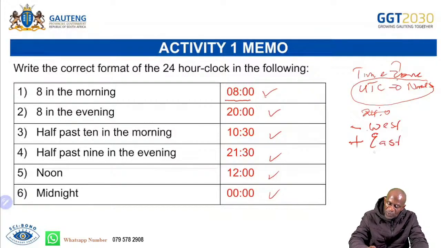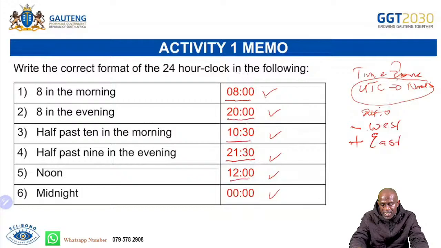We also looked into the importance of transcribing time in the correct way, as given here on the memo for this activity.